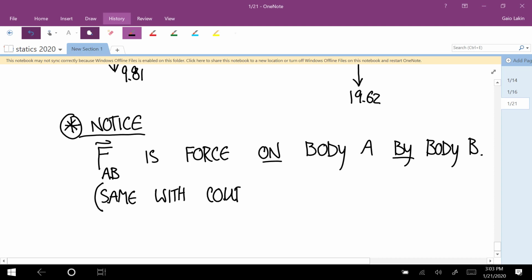So it would be a couple, capital M, A, B, and that's saying the couple on body A by body B. All right, so let's do a calculation.